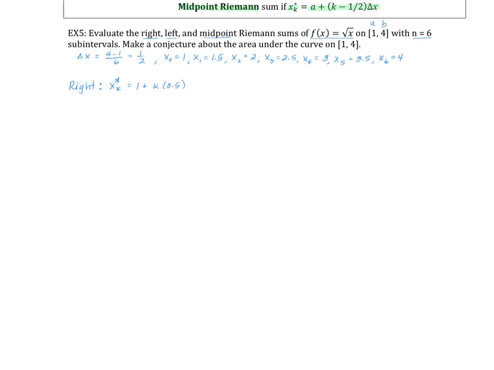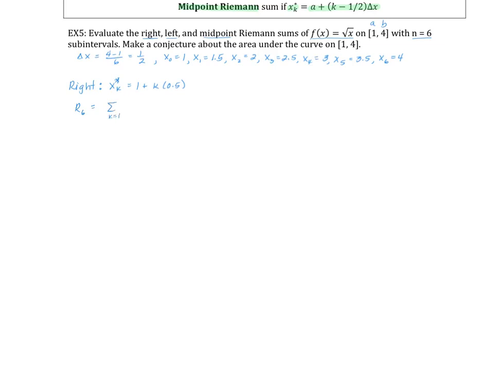So what we're going to do with that is when we compute our Riemann sum of 6 subintervals using right endpoints, it's going to be equal to the sum we have above.